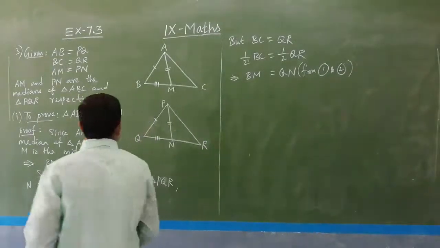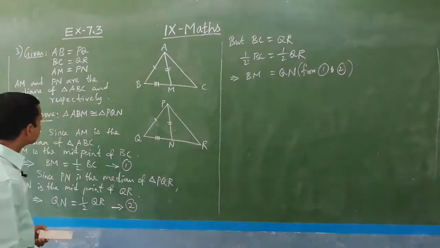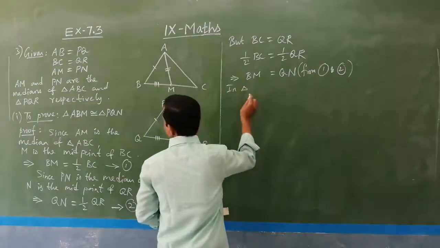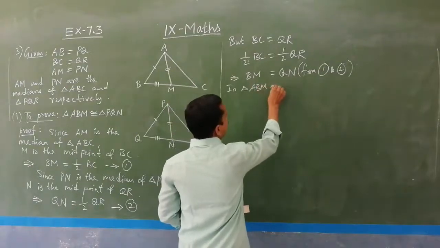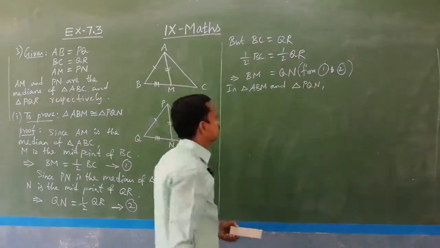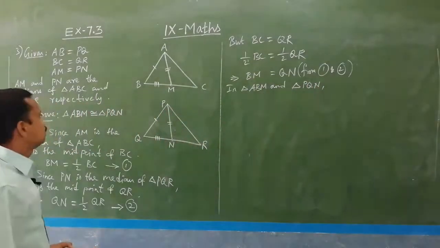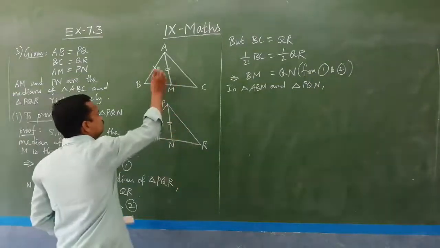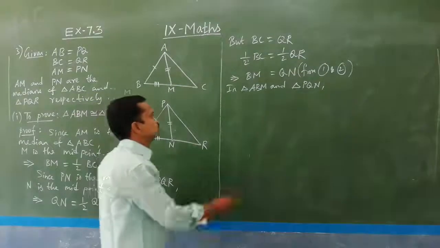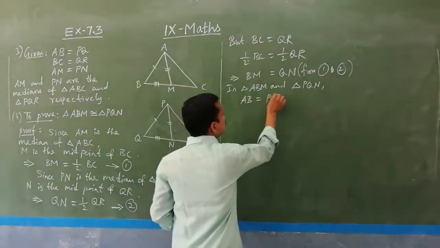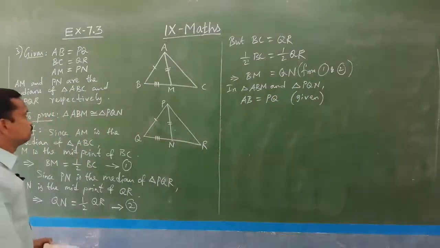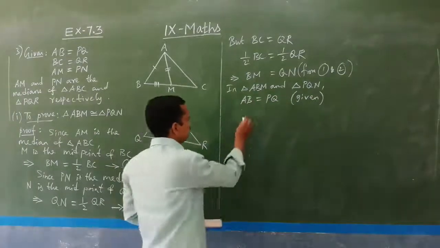Now, after saying this, BM and QN are equal. From these two triangles, in triangle ABM and triangle PQN, what are the comparisons? We take these two triangles because we have to show they are congruent. AB equal to PQ, this is given. AM equal to PN, that is also given.